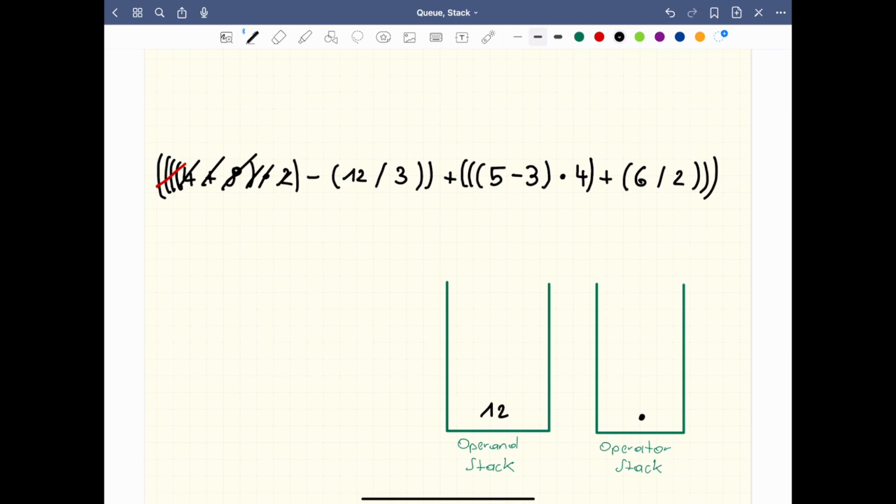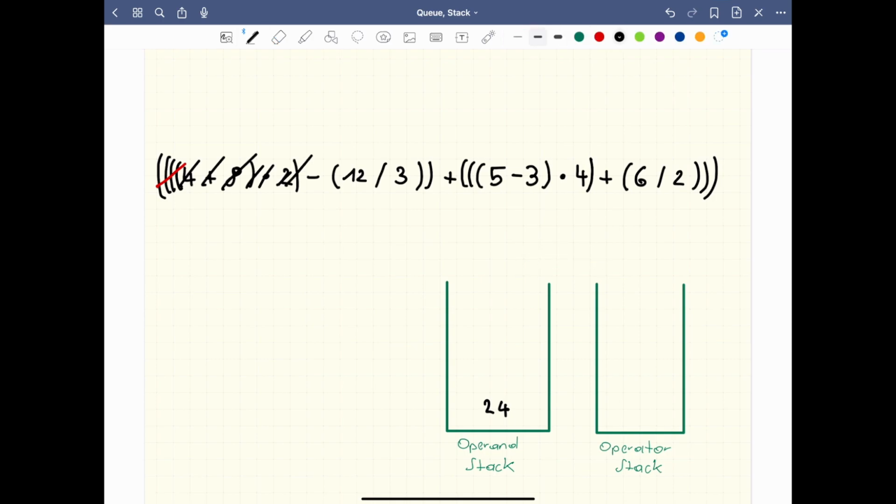We have a 2 that comes here. And once again, we have a closing bracket. So let's pop the operator. Let's pop the first operand. Let's pop the second operand. 12 times 2 equals 24. Push the result to the operand stack. We are done.